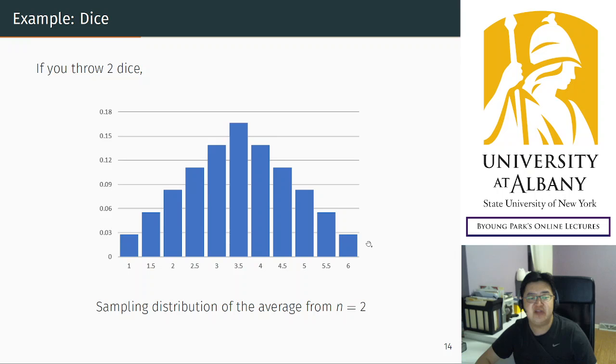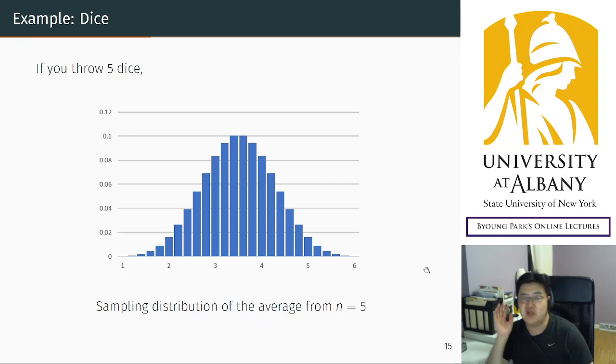And I can even increase the number of dice we consider. For example, I can do it on computer. It's not easy to do by hand. When you throw 5 dice at a time, so that one experiment has 5 observations now, you can calculate the probability on computer like this.